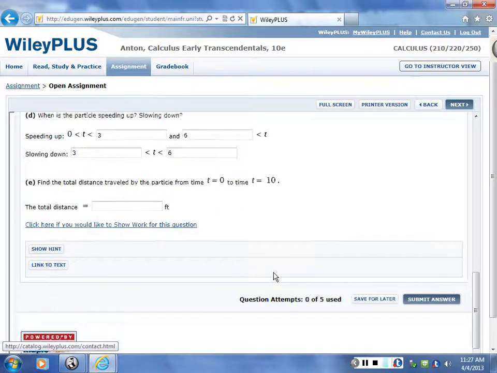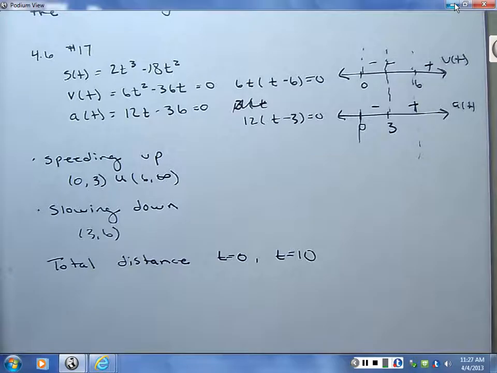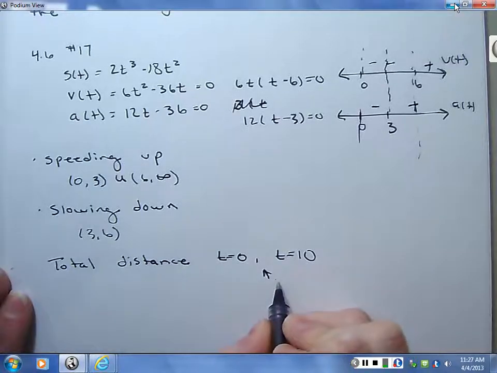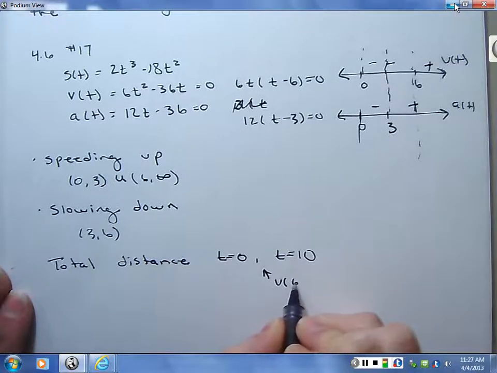Find the total distance traveled by the particle from the time t equals 0 to t equals 10. So we want total distance from t equals 0 to t equals 10. I can't just plug in s of 10 minus s of 0 because I know the velocity at 6 equals 0.